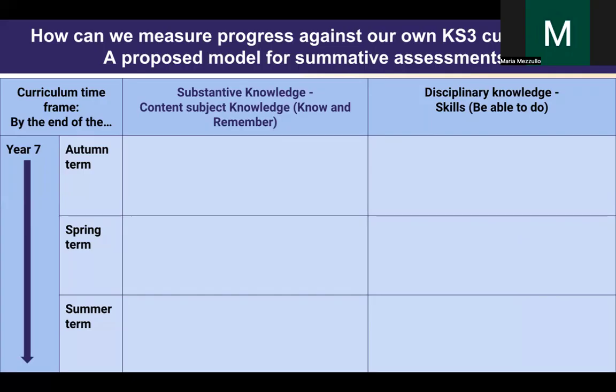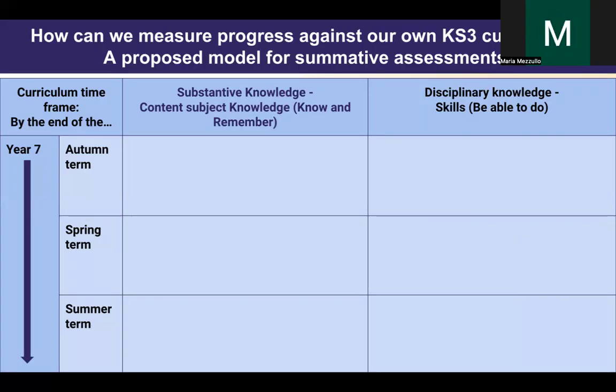Where do I start? What do I include in it? I've been told I've got to assess twice a year, once in April, once in June. Well, what do I include in my summative assessment? And one way of getting around that is by having a model that you can draw ideas from and that you can use as a basis for your summative assessment planning.